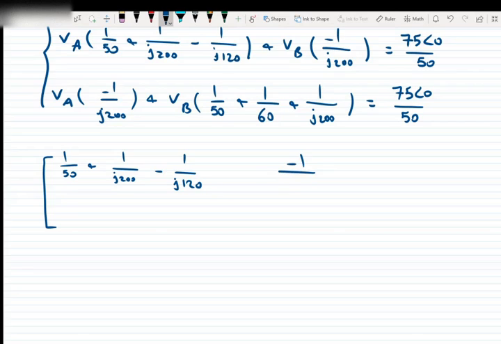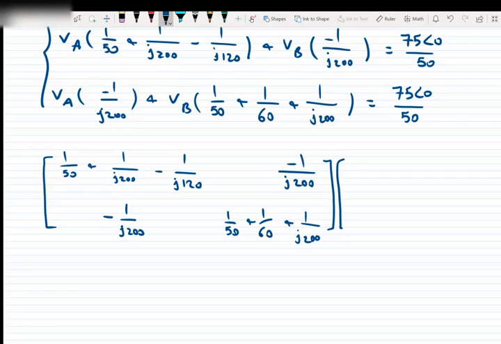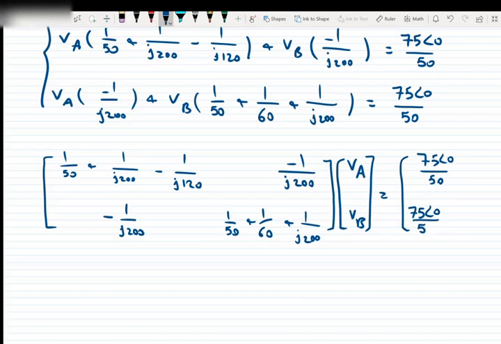We will have negative 1 over J200, sorry, 200, and finally 1 over 50 plus 1 over 60 plus 1 over J200, times VA, VB, is equal to 75 with the angle of 0 over 50, 75 with the angle of 0 over 50.